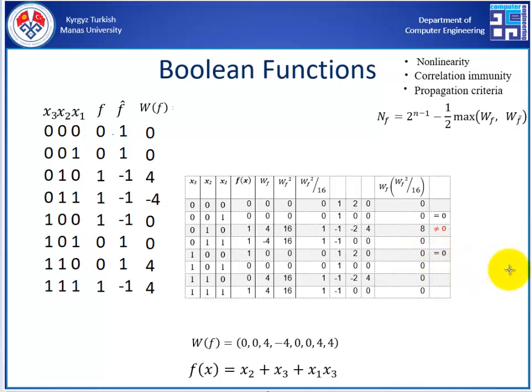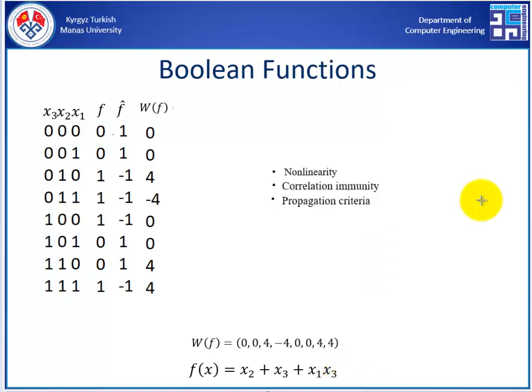So according to the results given in this table, we can conclude that our function x2 plus x3 plus x1 multiplied by x3 does not satisfy the propagation criteria of degree 1.